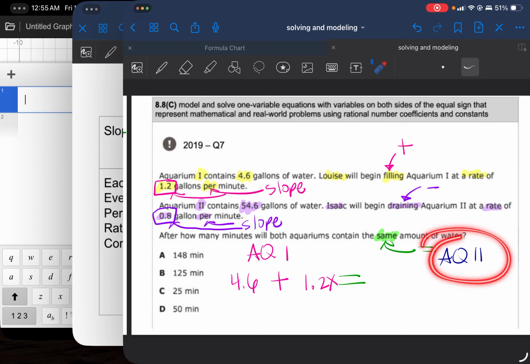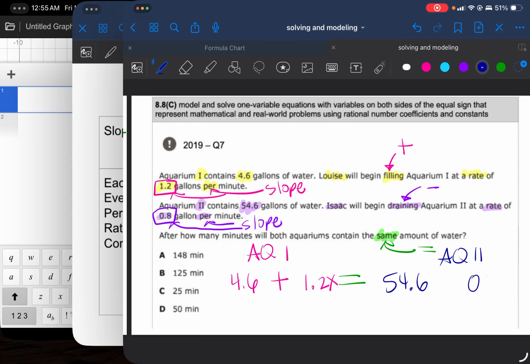In Aquarium 2, we have the number 54.6 and 0.8. We've also already identified our slope with our word per, and we know that per is next to 0.8, indicating this is my slope.